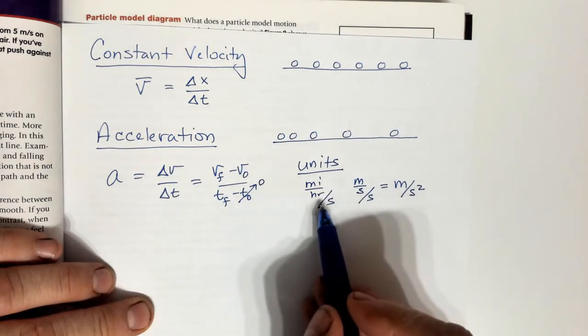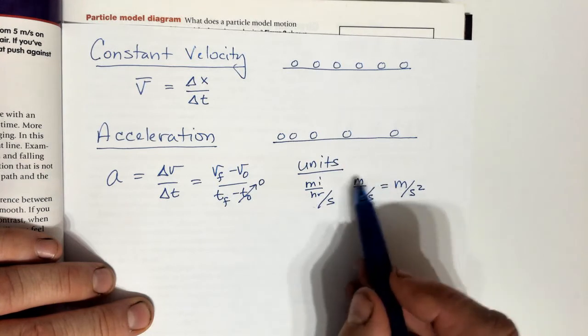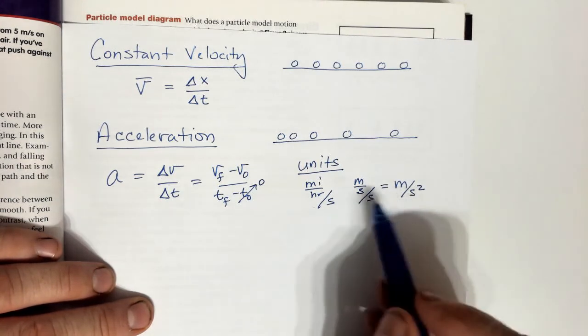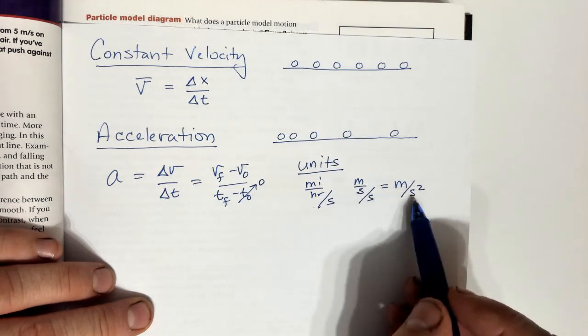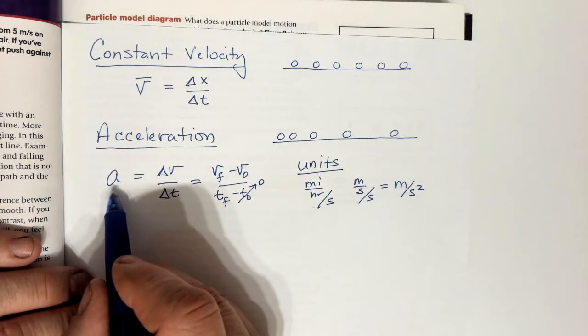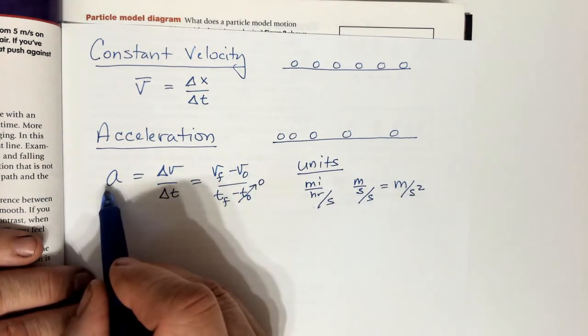And so this would still be an acceleration unit. It just looks weird, but that's what a car acceleration would be in the real world. This would be a marble down the incline if we were measuring in meters per second motion. So if the units are the same, they'll square them. So anytime you see a squared time unit, it is an acceleration number. Okay? So if you have 5 meters per second squared, it's an acceleration number.